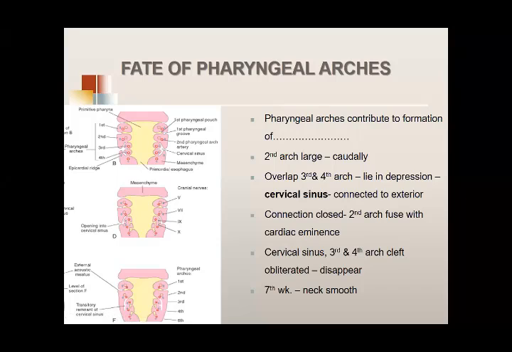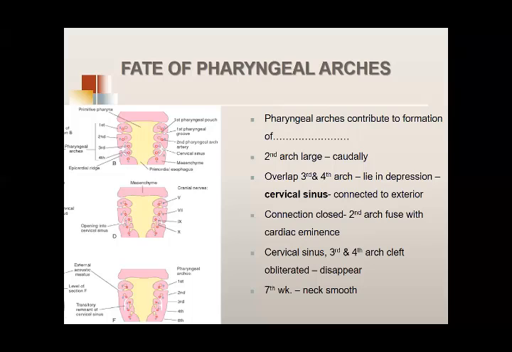The first 3 are very, in fact, first 4 are very obvious. Fifth वाली rudimentary होती है, sixth वाली भी कोई खास elevation produce नहीं करती, but yes, it is there. First 3 produce a very prominent elevation on the side wall of the pharynx. So this is the first, second, third, fourth pharyngeal arch.